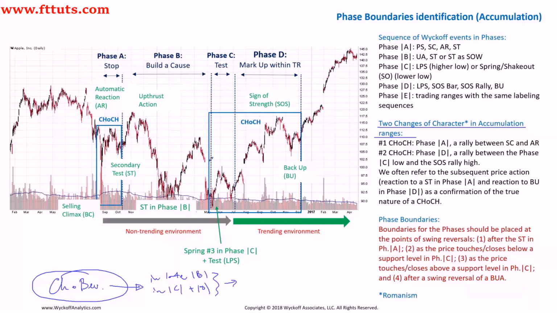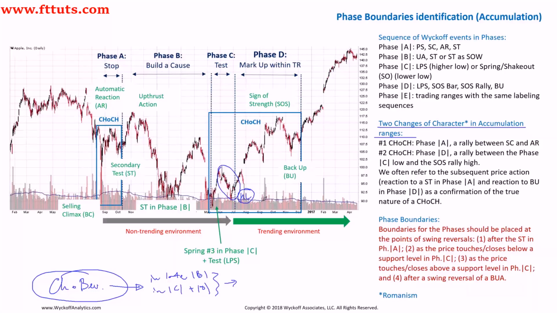So for instance, when we look at this chart, and we look, let's say, maybe at this reaction right here, for the first time the reaction creates a higher low. So that's a change of behavior. It's not necessarily a change of structure, because a change of character is a change of structure.